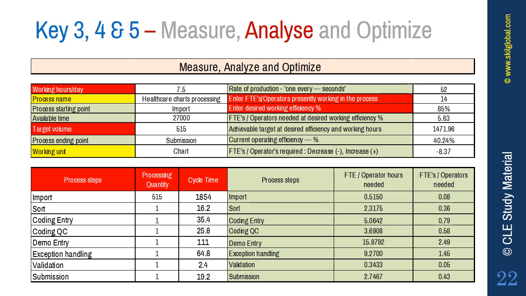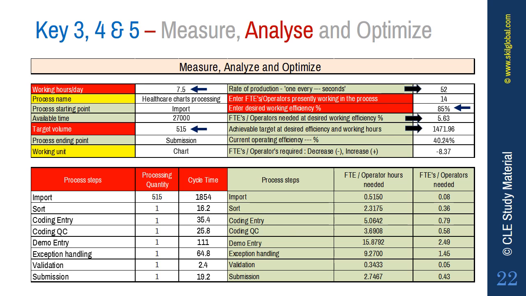Rate of production: one file should be uploaded every 52 seconds. You need 5.63 full-time equivalent operators to finish 515 charts in 7.5 hours at 85% efficiency. At 85% efficiency, you should achieve 1471.96 files with available manpower.